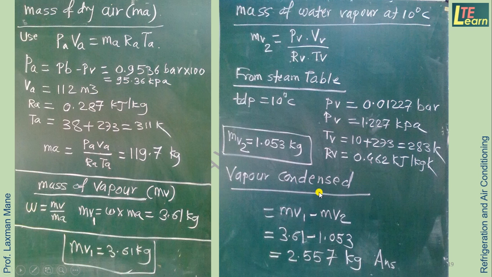So how to find the condensate? By finding the difference between the mass of water vapor at 38 degrees Celsius and at 10 degrees Celsius. So MV1 is at 38 degrees Celsius and MV2 is the mass of vapor at 10 degrees Celsius. So what will this difference be? The amount of condensate collected during the cooling of air from 38 degrees Celsius to 10 degrees Celsius, in kilogram.